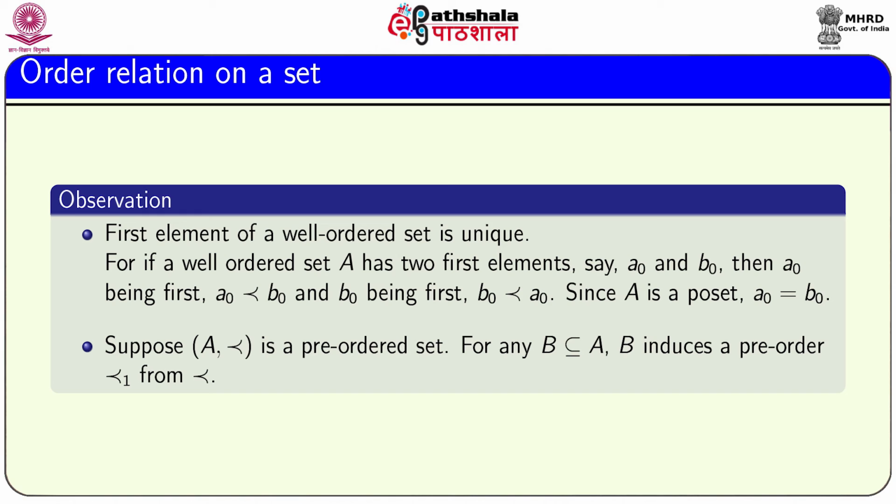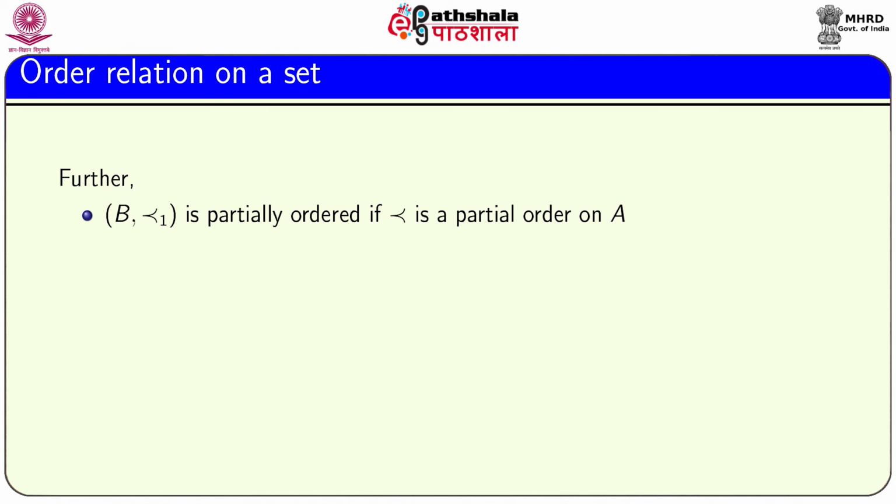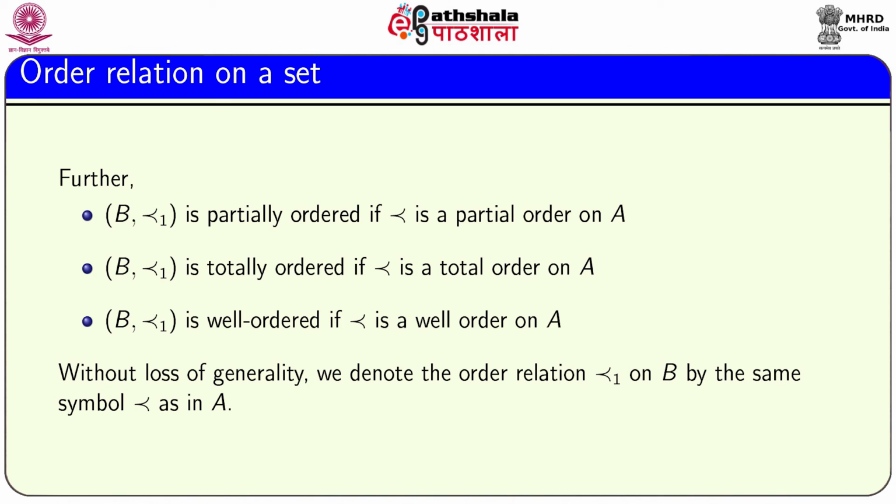Secondly, if we start with a preordered set A with the preorder ≲, and if we take a subset B of A, then B always induces a preorder from the order of A. Further, B is a partially ordered set if ≲ is a partial order defined on A. B is a totally ordered set if the order on A is totally ordered.